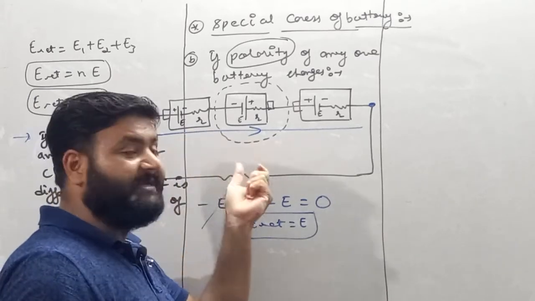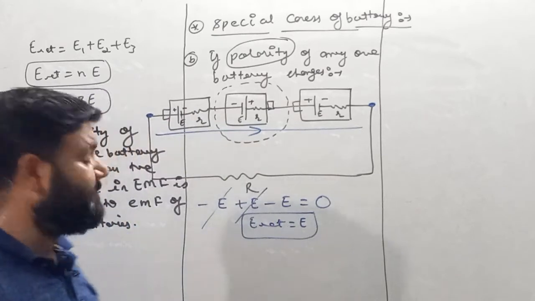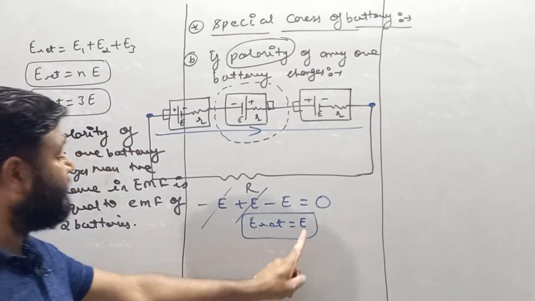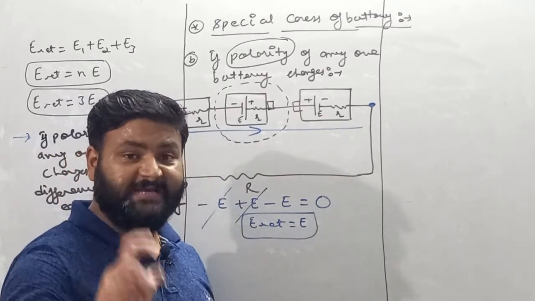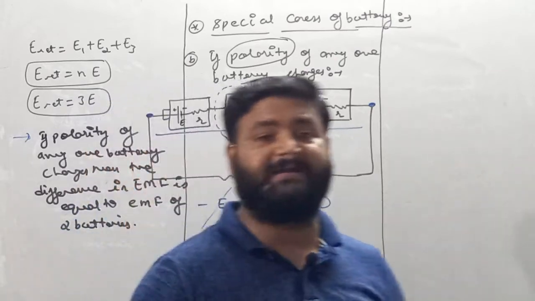But now what we'll do, we'll change the polarity of one battery, we'll get EMF equal to one battery. So there is a difference in EMF of two batteries, my dear student.